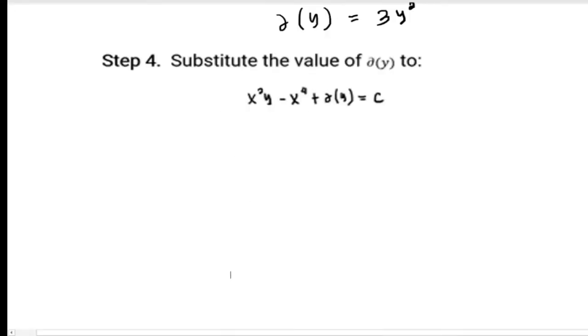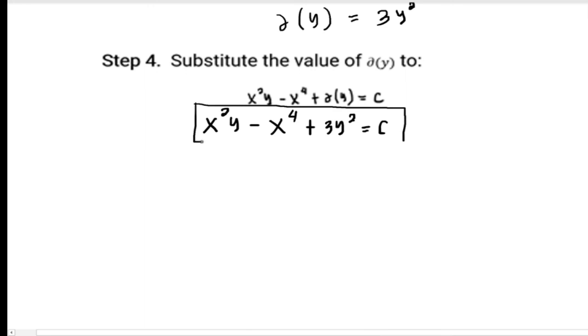For our step 4, we are going to substitute the value of the unknown function of y to the equation obtained in step 2, that is x squared y minus x to the 4th plus the function of y is equal to c. So we have here x squared y minus x to the 4th plus 3y squared is equal to c. This is our final answer.